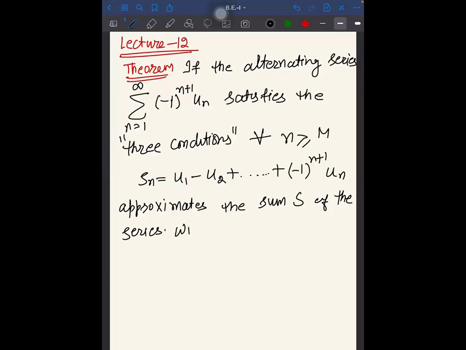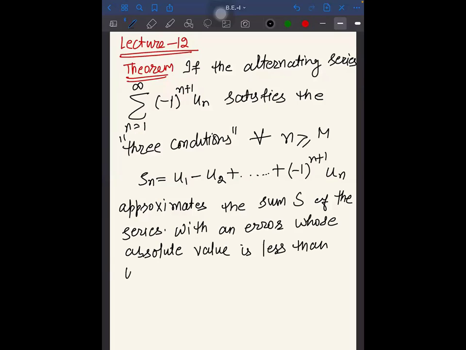with an error whose absolute value is less than un plus 1.